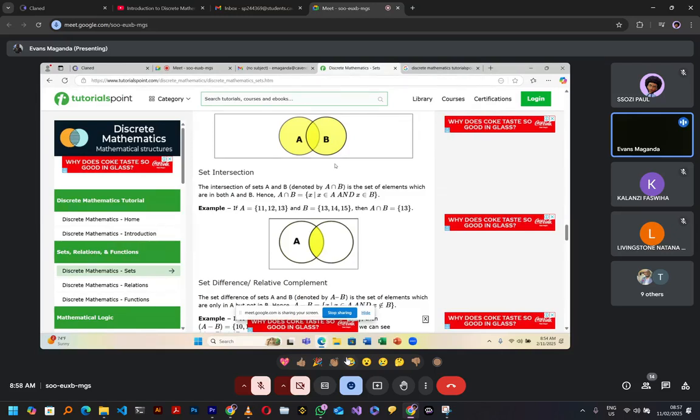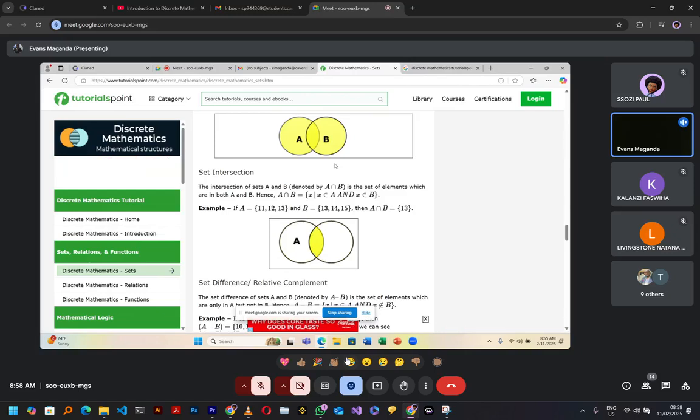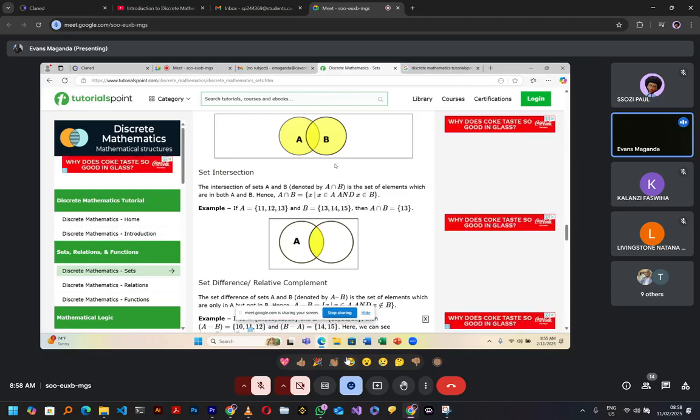When we talked about A union B, we shaded the whole area. When we talked about the intersection, we shaded only the part where A and B intersect.